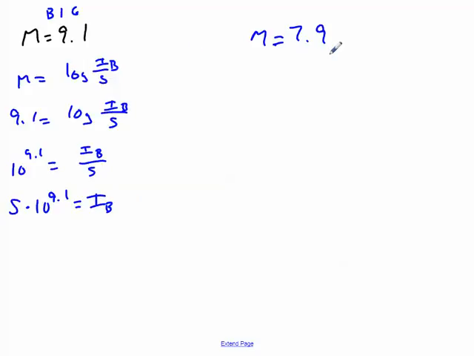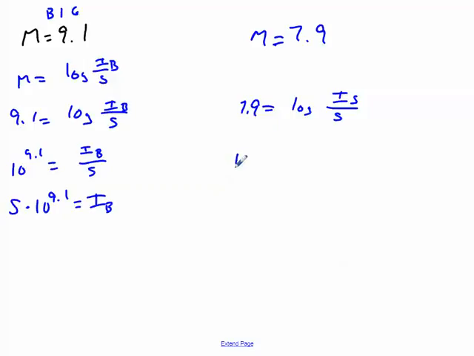Over here, we'll take our magnitude 7.9 and do the same thing. 7.9 equals log of the small intensity over S, some standard S. This S is different from that S; I'm just calling it a subscript for this intensity.